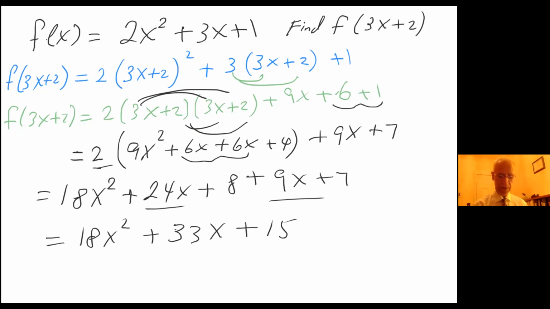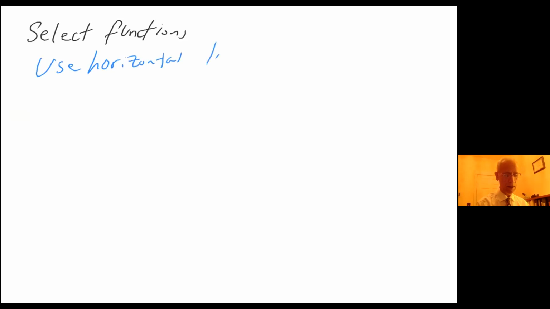The second feedback from this quiz 1 is that you were asked to select all the functions, and you were given a bunch of graphs. Well, that's actually very easy. All you had to do is just use the horizontal line test for every graph.